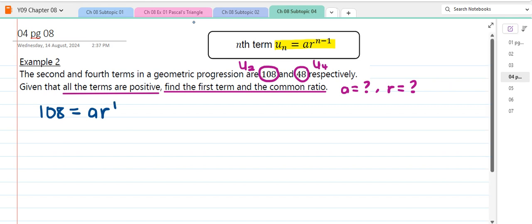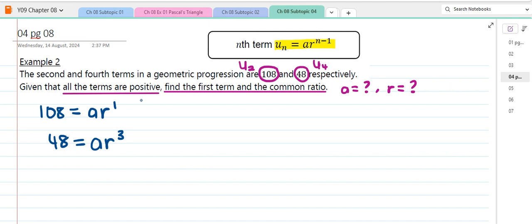Let's leave this as the first equation, and look at the fourth term. The fourth term is 48. It is equal to ar to the power of 4 minus 1, ar to the power of 3. So it is quite obvious that we have to solve this simultaneously. We will look for the common ratio first.